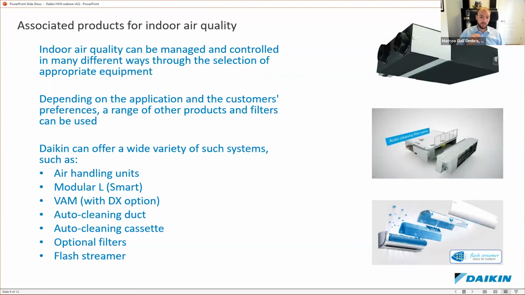With those specific filters built in and a solution like the Flash Streamer relying on ionization, we can provide a great level of indoor air quality. We can make sure that the air in the space is clean, and overall deliver a positive effect on the space.